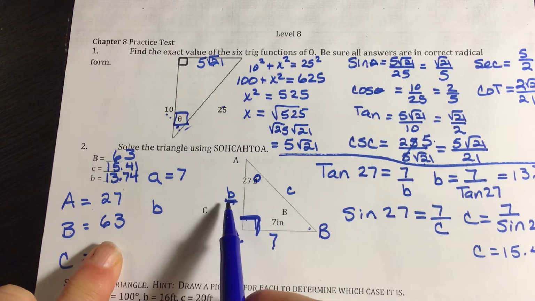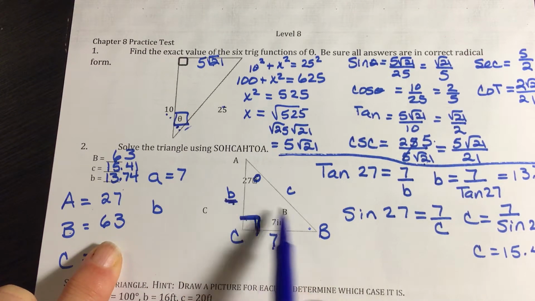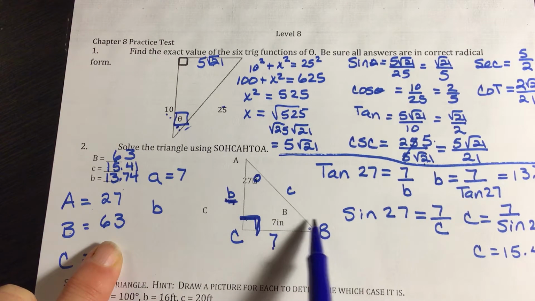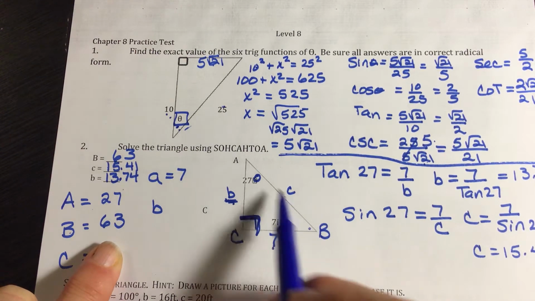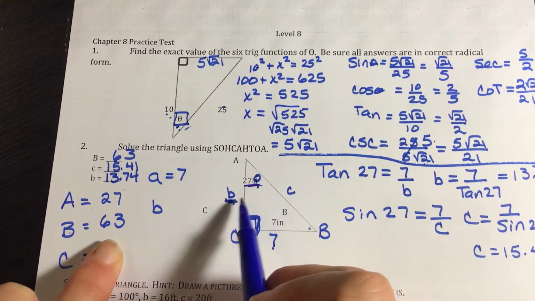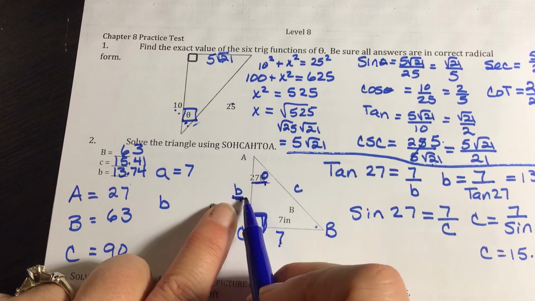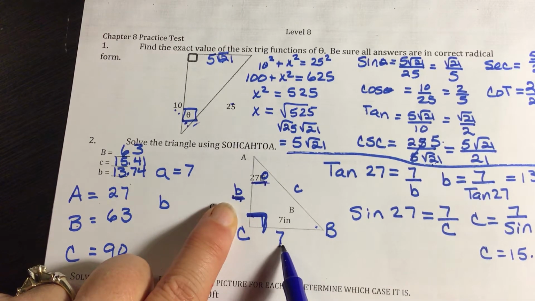Now if I want to find side B, let's use angle A. I know angle A is 27, and I want some trig ratio with the side adjacent and the side opposite, so that would be tangent.